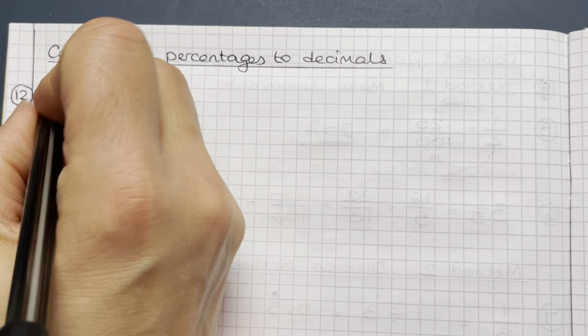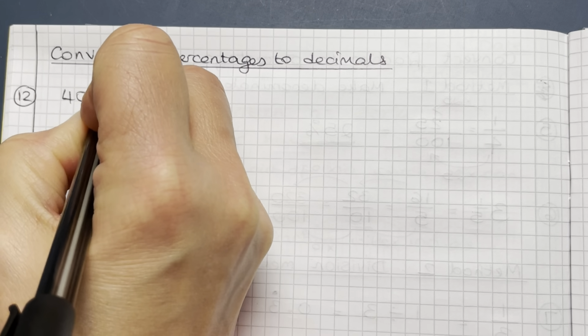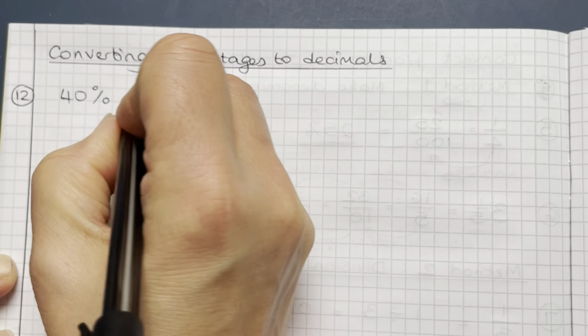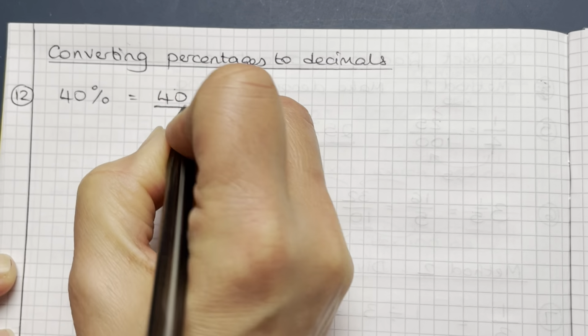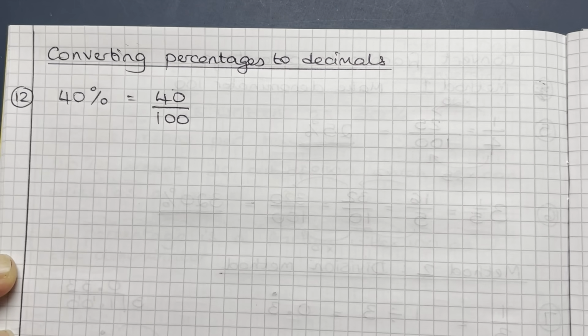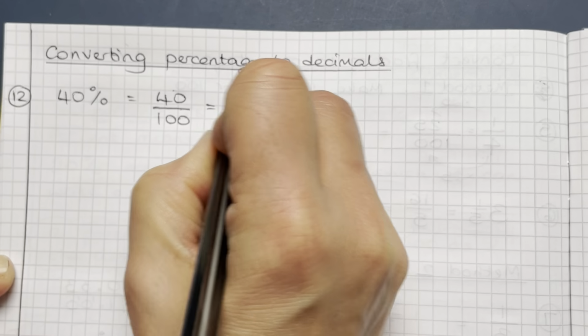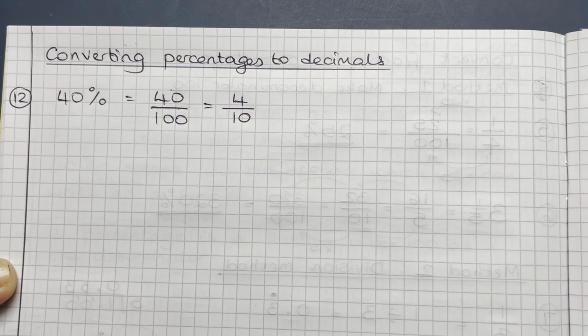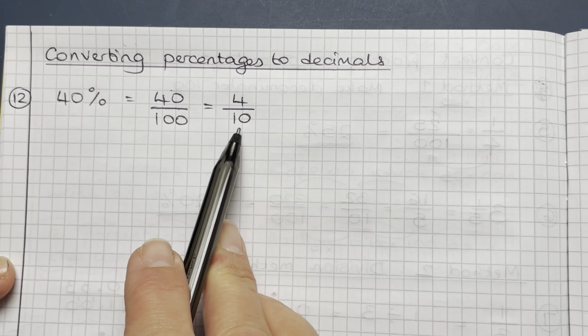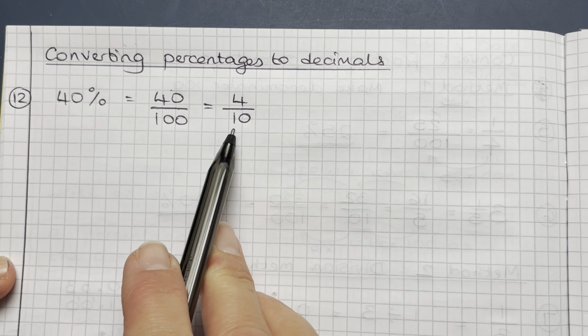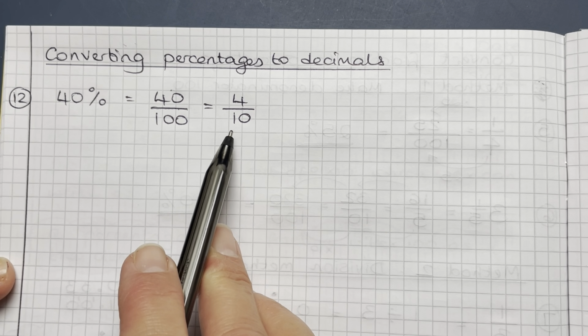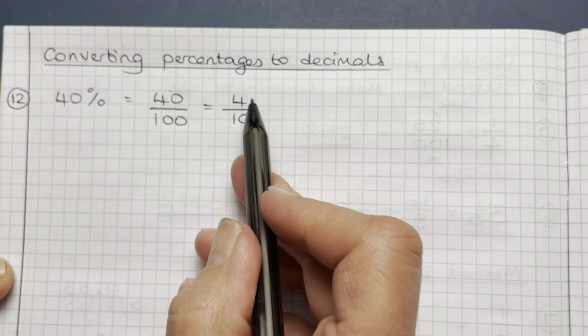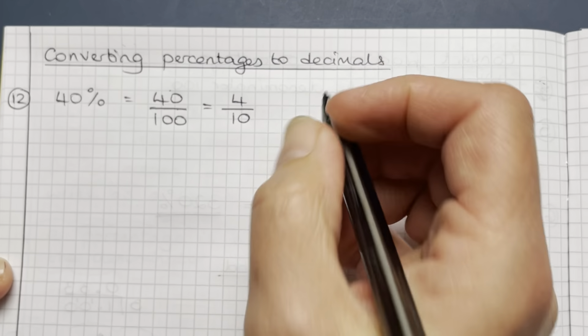If I start with 40%, I know that that is 40 over 100. I can simplify that down to 4 over 10. I do not want to simplify it any further. I want my denominator to be 10, 100 or 1000. And then that allows me to say I've got the number 4 in the tenths column.